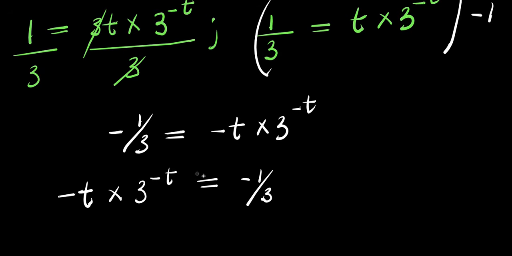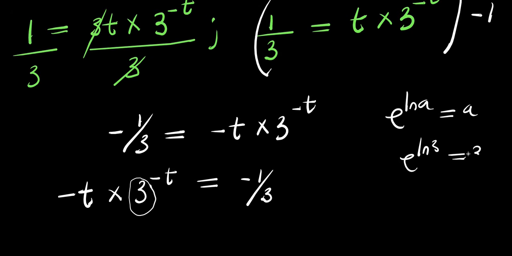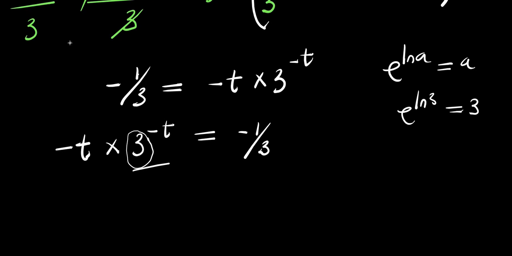Now, the next step is I can replace this 3 here with this identity. Remember, if you have e power ln of a, it is equal to a, so e power ln 3 equals 3. So I'm going to replace this with e power ln 3. That means I'm going to have negative t times e power ln 3. Then that will represent this 3, and this will then multiply times negative t, right?